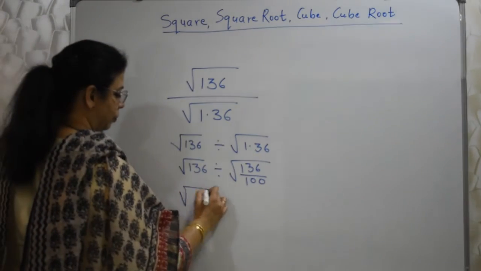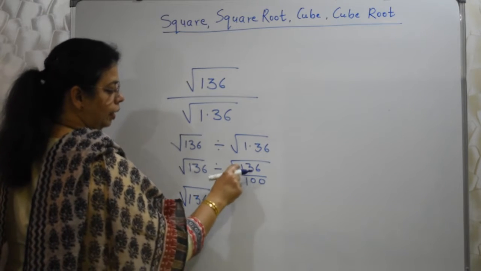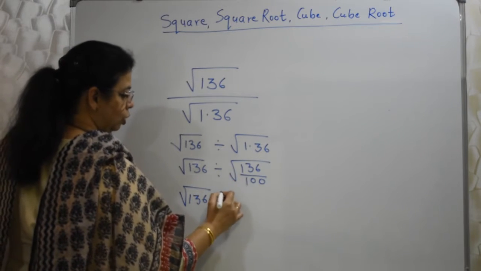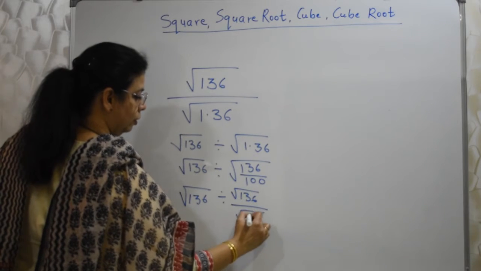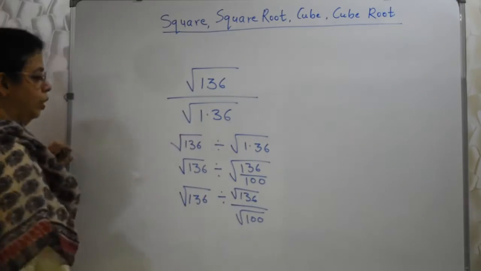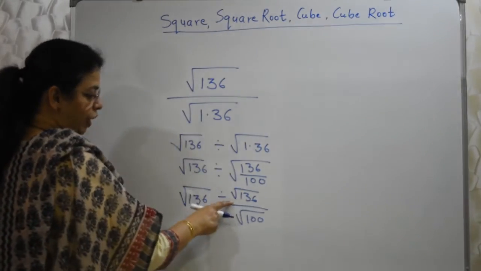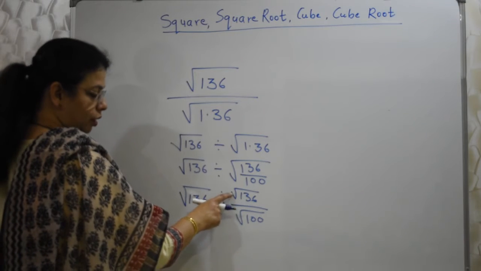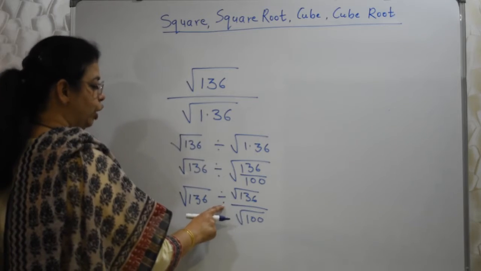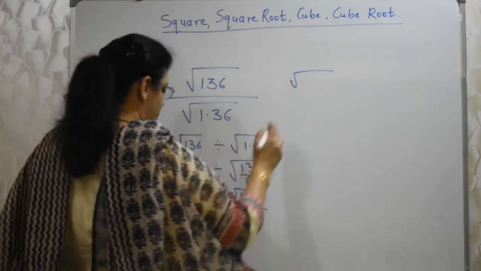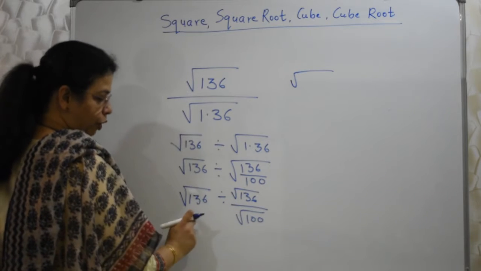Now here, it's in the form of a fraction, so it is root 136 upon root 100. Now, whenever there is division of any fraction, you convert this division into multiplication. How can we do that? By writing the reciprocal of the second number, not the first one.